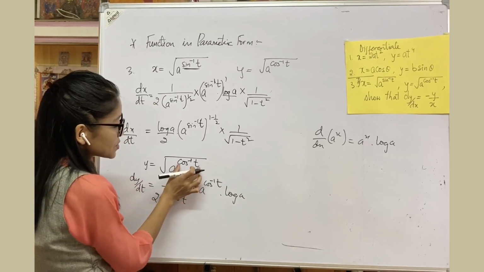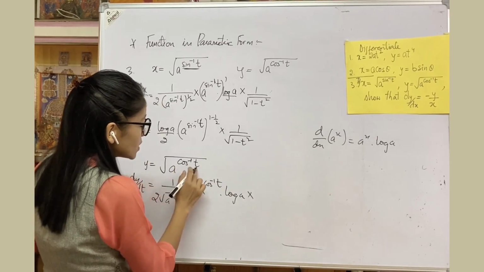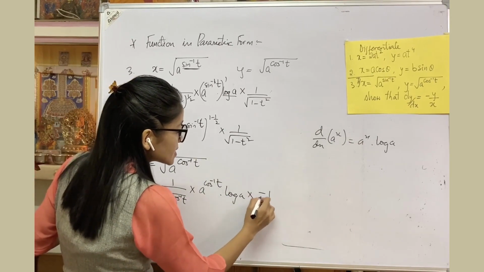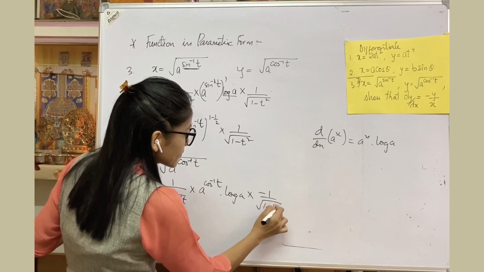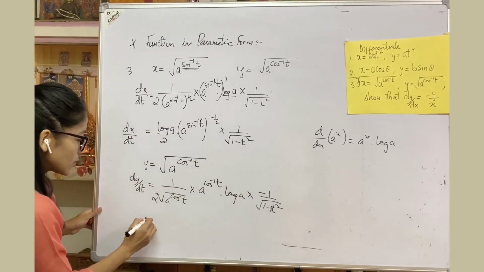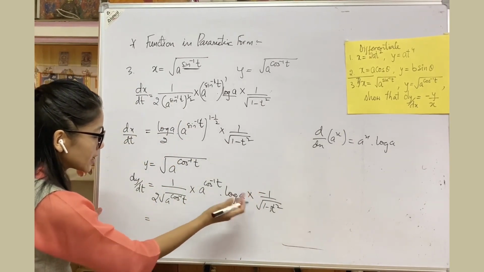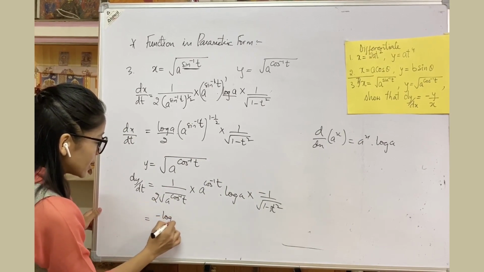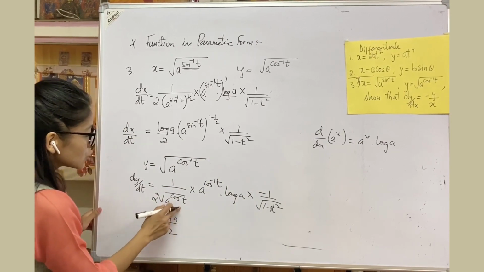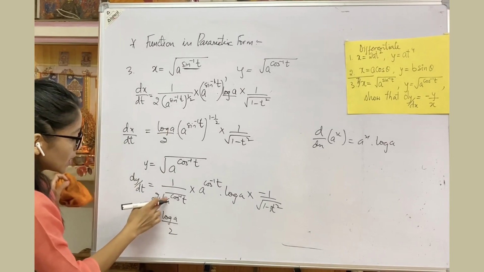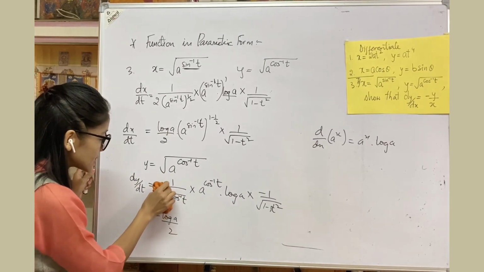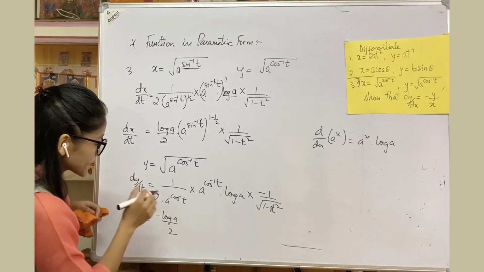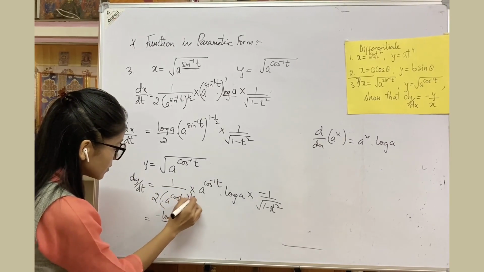Now we have to differentiate the angle into what is the derivative of cos inverse of t, that is negative 1 upon square root of 1 minus t square. Is it? Okay, so now this log a, this negative, I will bring it here, so I will write negative log a upon 2. So same as here. Now square root of a raised to cos inverse of t, I can write this as a raised to cos inverse of t raised to half.